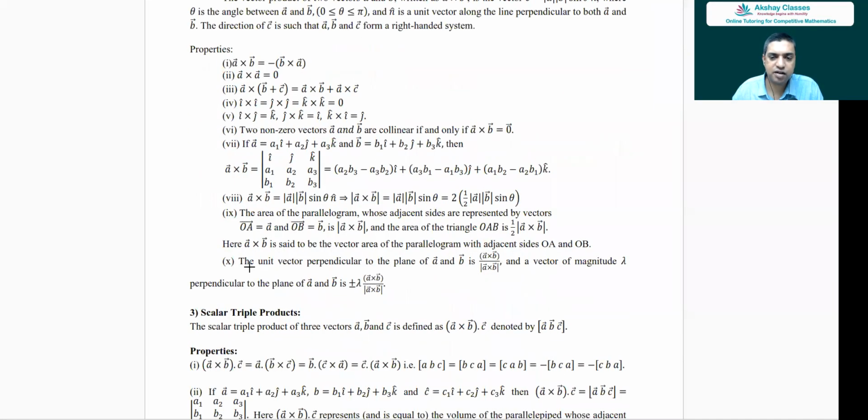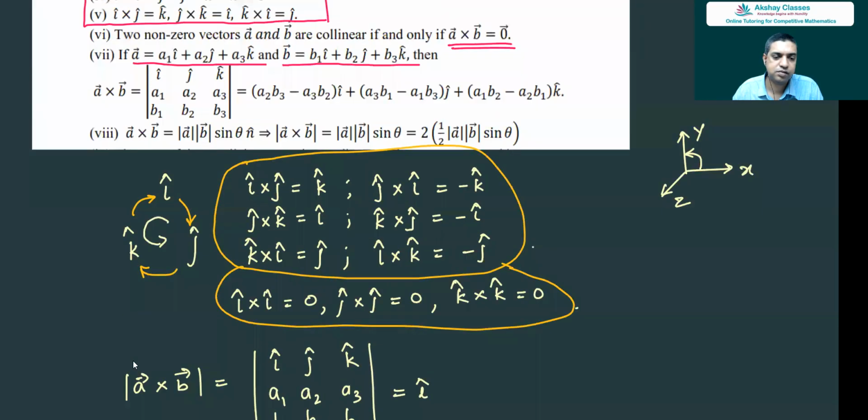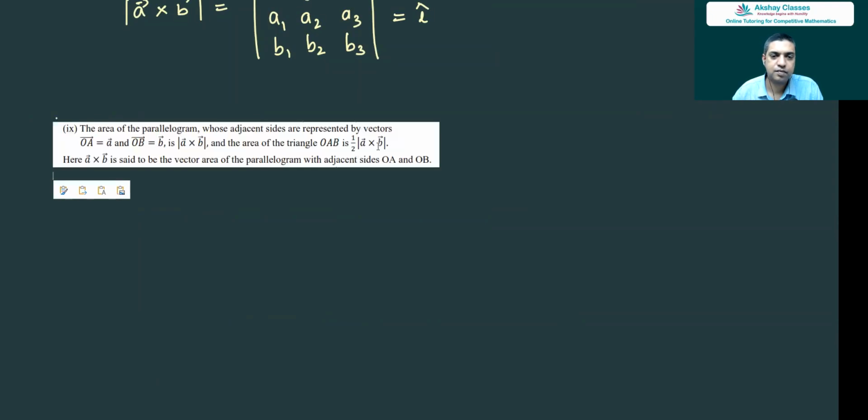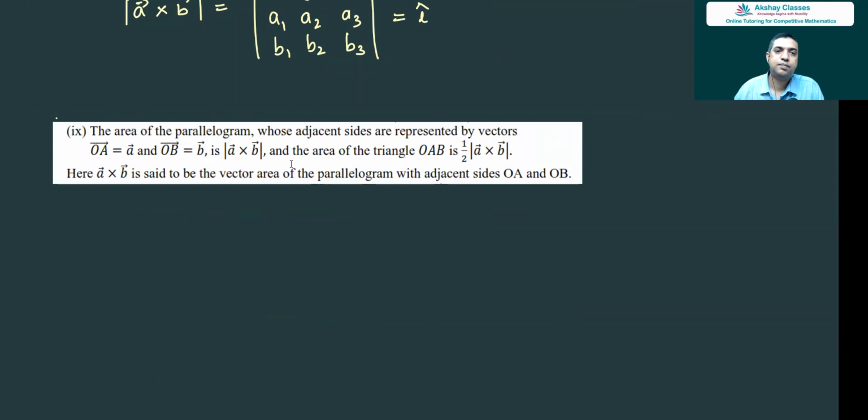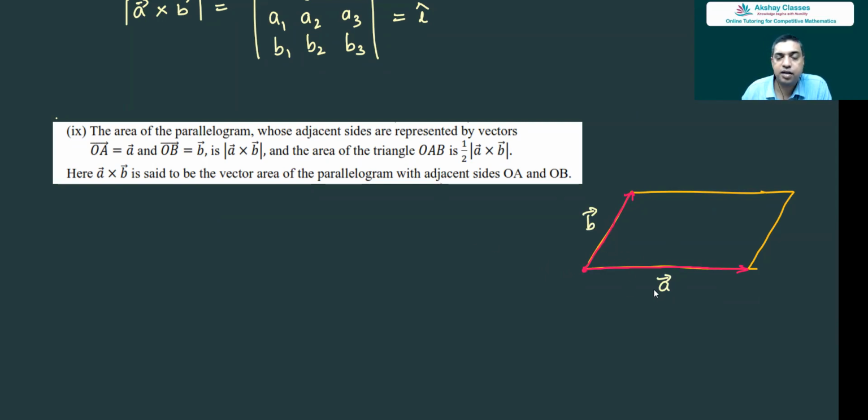This represents the area of a parallelogram whose two adjacent sides are A bar and B bar.